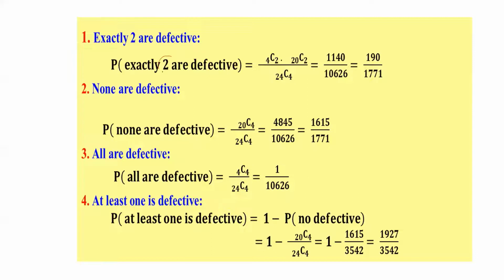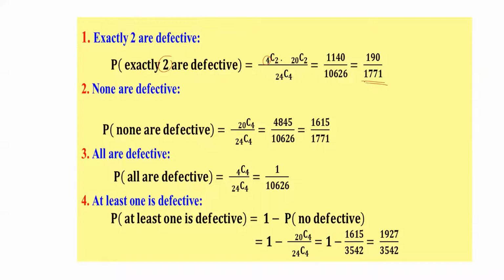2 defective, so 2 out of 4, because we have 4 defective, and we have 20 non-defective. Our sample is 4, so we have 2 non-defective. So it is 4C2 multiplied by 20C2 over 24C4.